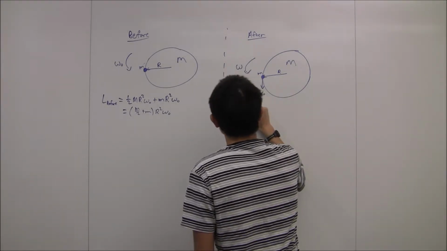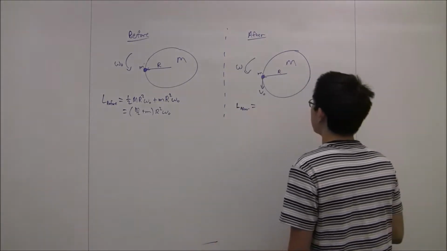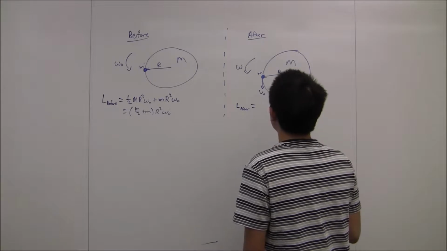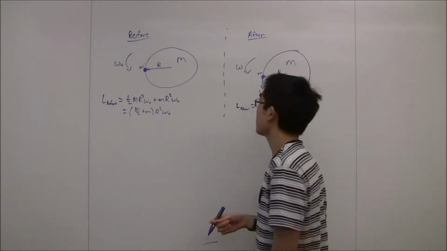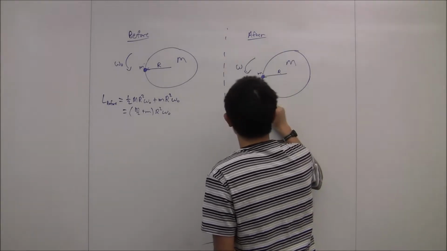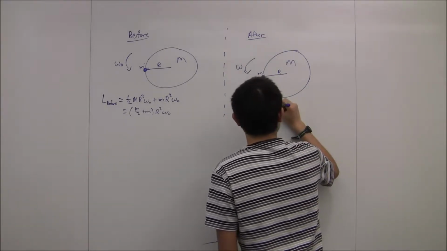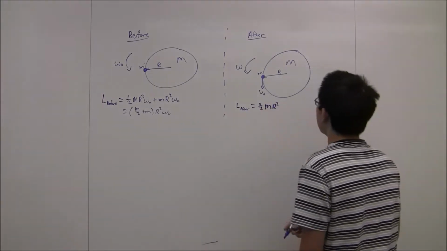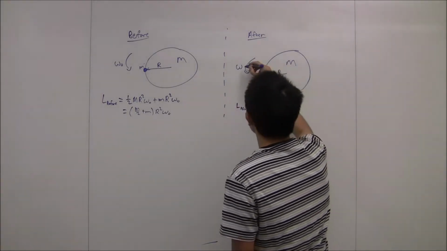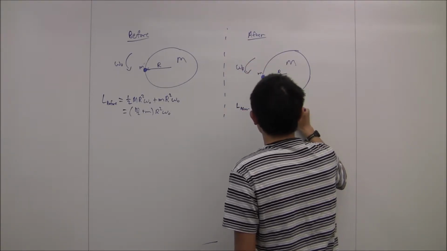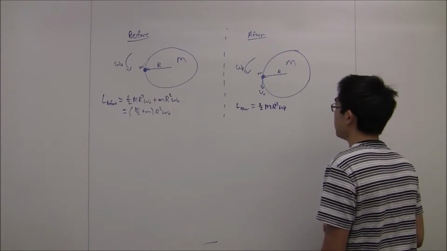So L after is going to be equal to the sum of the angular momentum of the person and the merry-go-round, which is going to be 1/2 big M big R squared. And now the merry-go-round is rotating at a new angular velocity omega f, so we have to multiply that by omega f.